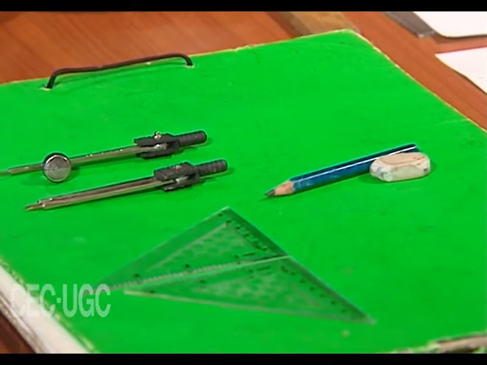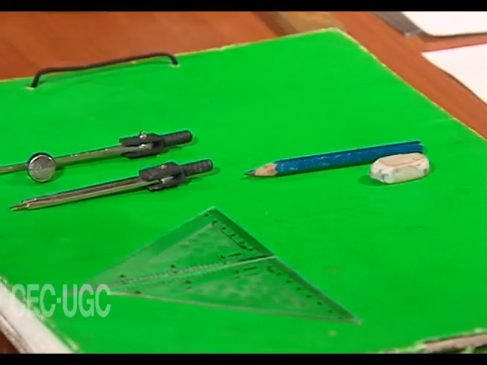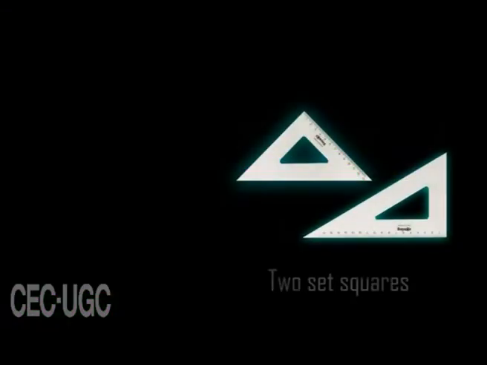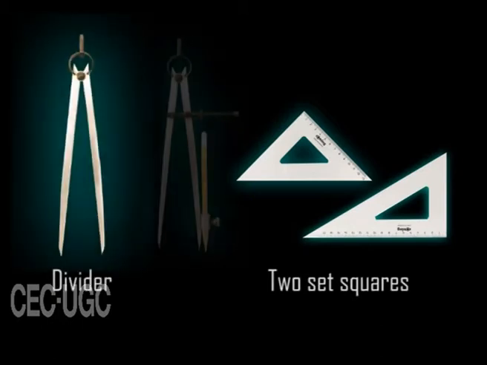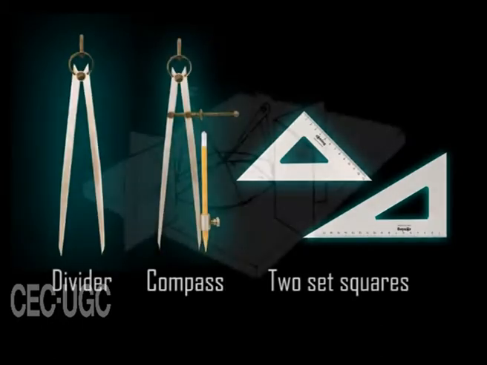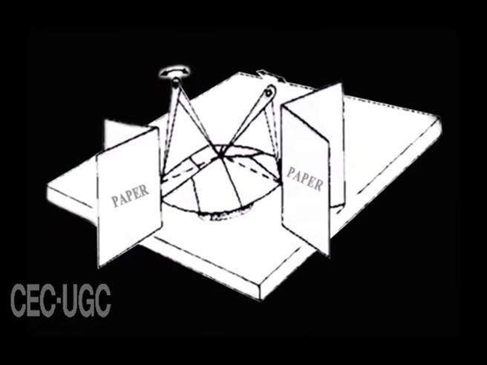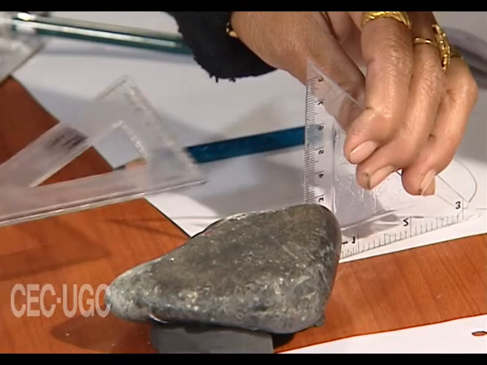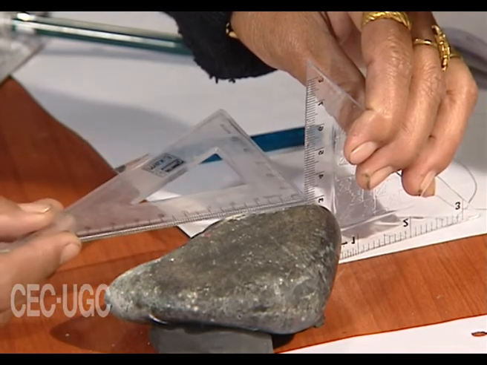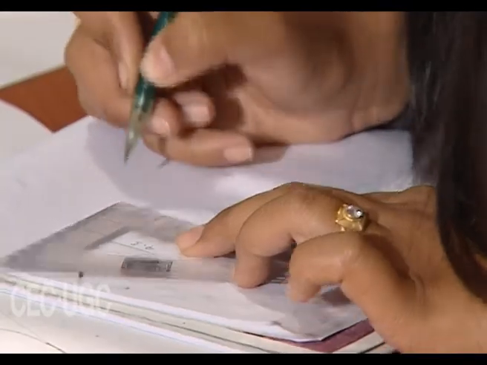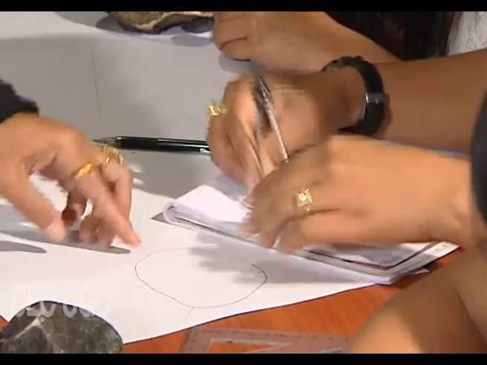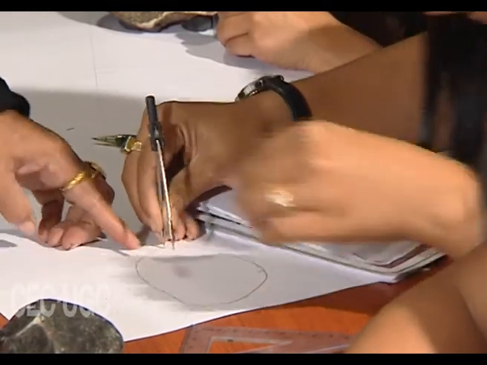Thereafter, accurate measurements should be taken by using two set squares and a divider or compass or two pieces of paper. The accurate measurements thus taken are again plotted on the drawing sheet, but within the drawn outline figure of the specimen.